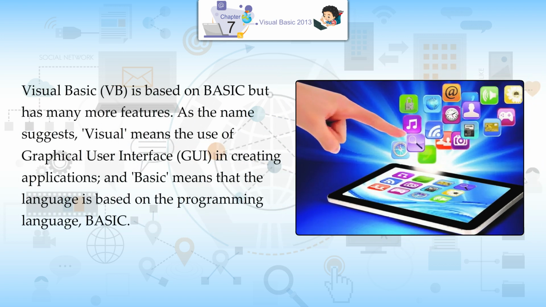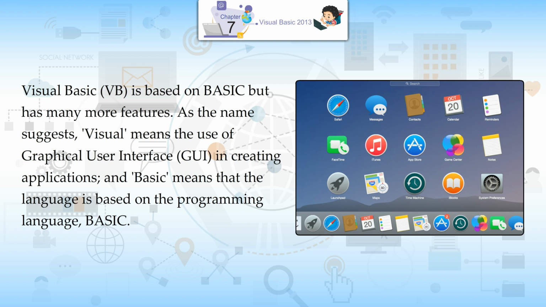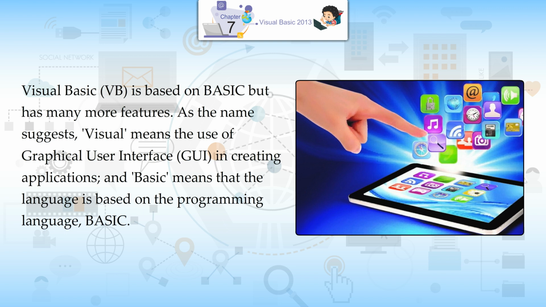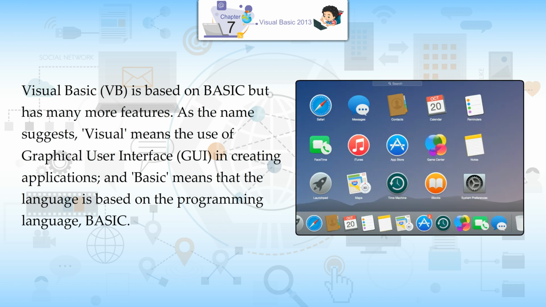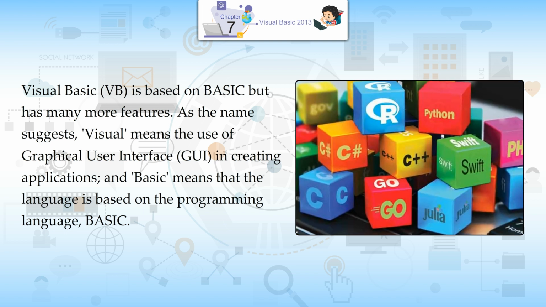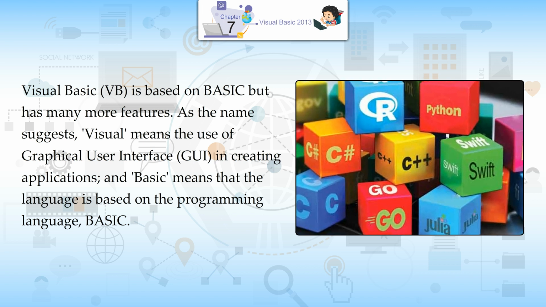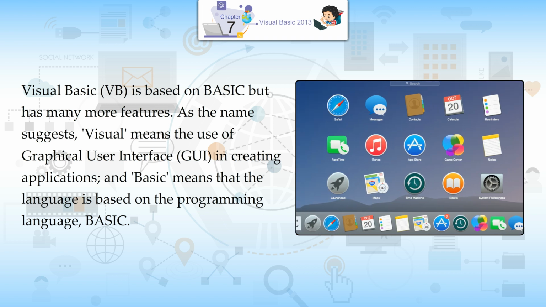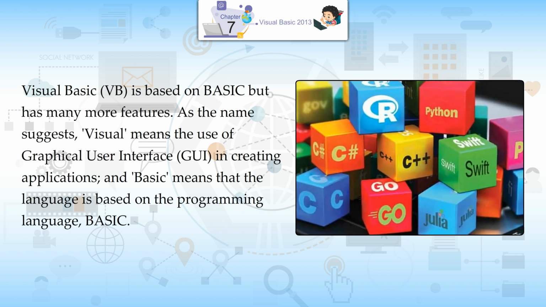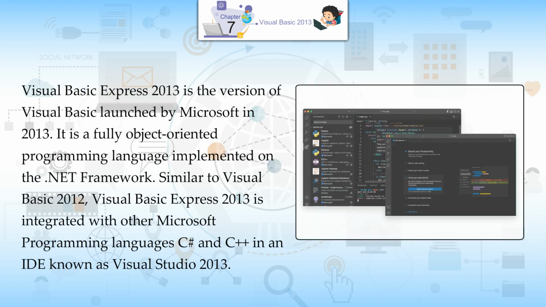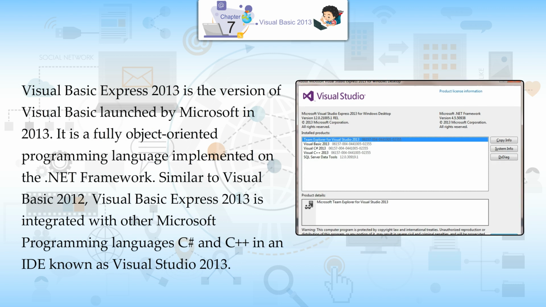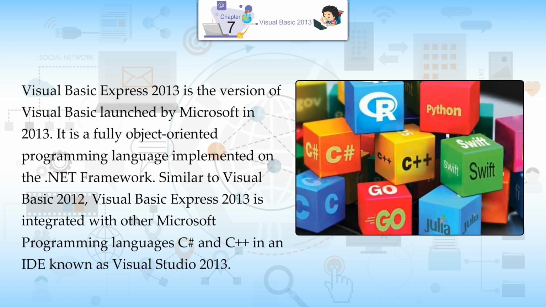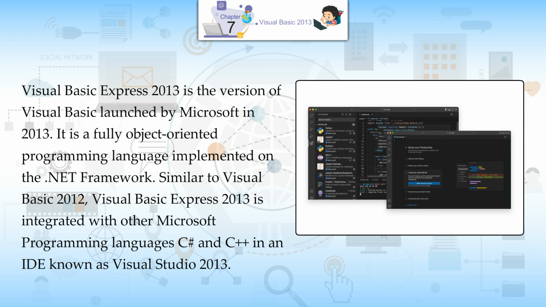Visual Basic, or VB, is based on BASIC but has many more features. As the name suggests, visual means the use of a graphical user interface, that is GUI, in creating applications, and BASIC means that the language is based on the programming language BASIC. Visual Basic Express 2013 is the version of Visual Basic launched by Microsoft in 2013.